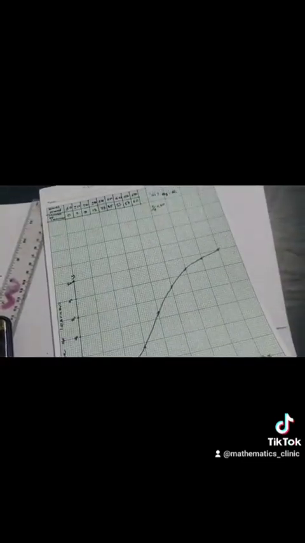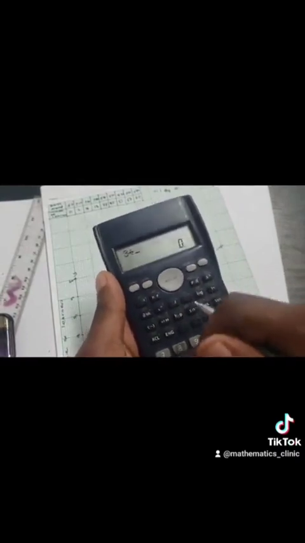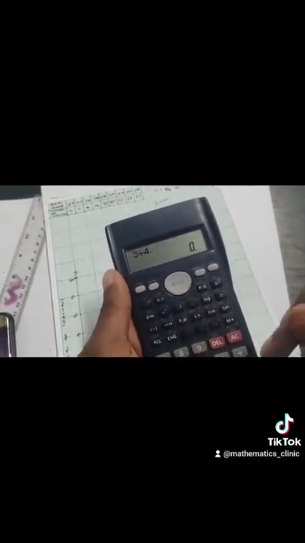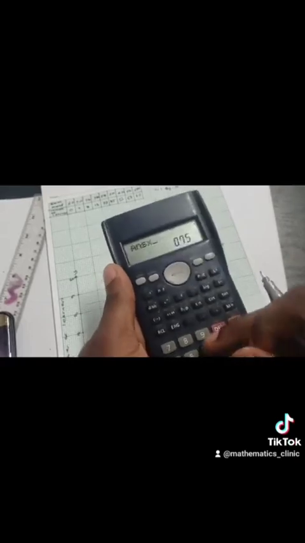So for us to find the upper quartile, it is 3 out of 4 multiplied by the total number of the learners. So it's 3 over 4 multiplied by 60. 3 over 4 is the same as 3 divided by 4, multiplied by 60.